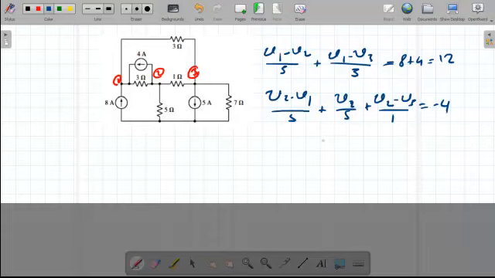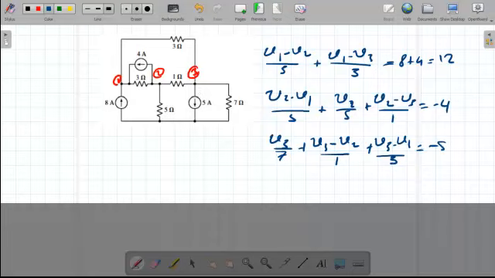For the third node, we have V3 over 7 plus V3 minus V2 over 1 plus V3 minus V1 over 3. This will equal the entering current. We have 5 amps leaving, so it becomes minus 5.